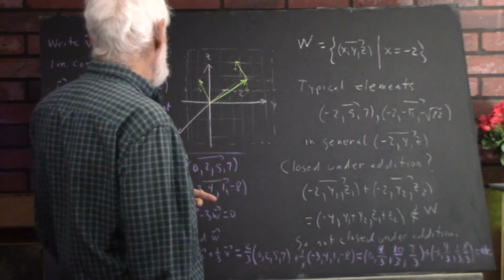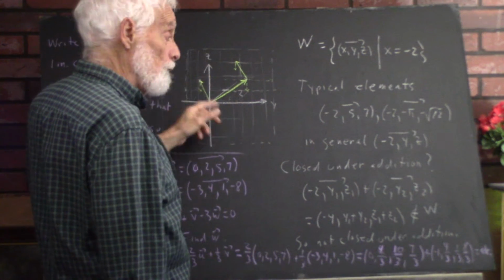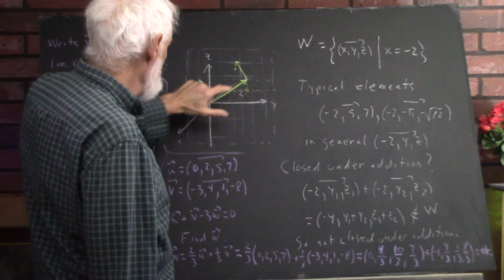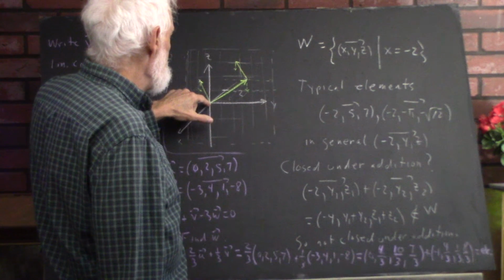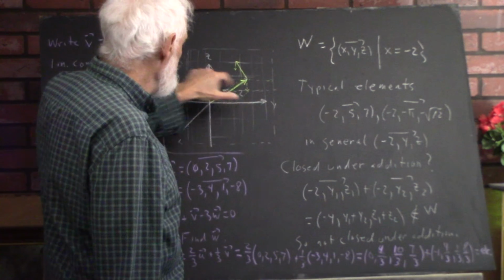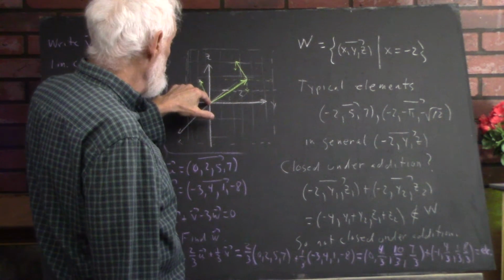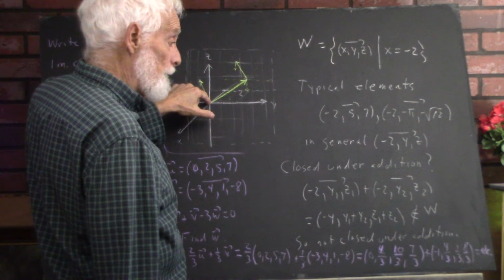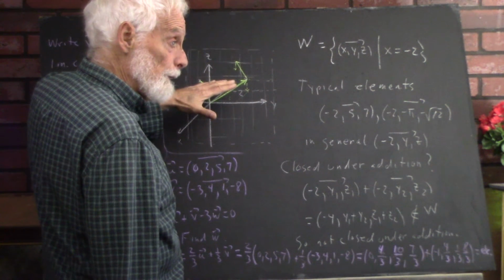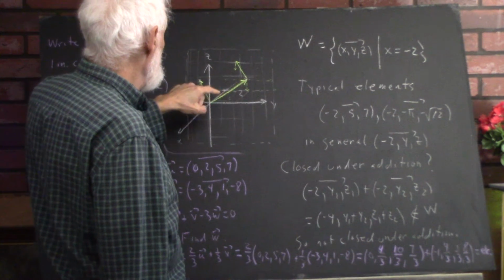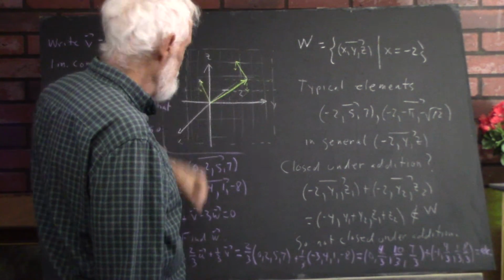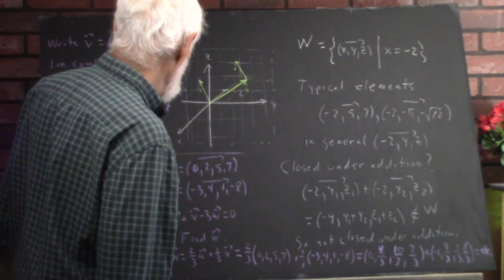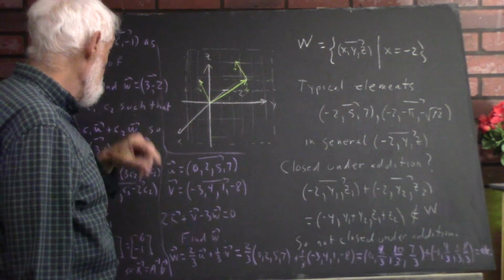I'll mention that if we took, just say, these 2 vectors and a plane that intersects both vectors, a plane in which both of the lines of these vectors starting at the origin lie within the plane, then that plane would be a subspace, because if you add this vector to this vector, it's still going to be in that plane. So hopefully you've seen examples of that sort of thing.